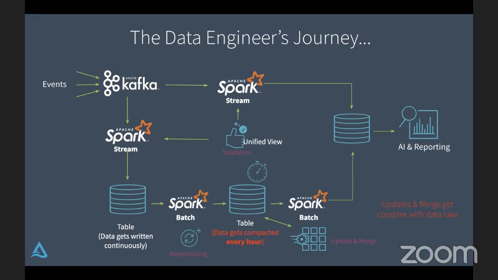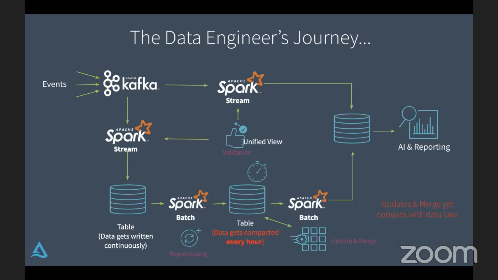This Lambda architecture allows you to deal with real-time processing in the top part of it and batch processing at the bottom. The top is an Apache Spark structured stream that's processing the data from Kafka and then pushing this data into this unified view to the right, the database. And that's what goes for AI and reporting. But that's for what you're constantly streaming.